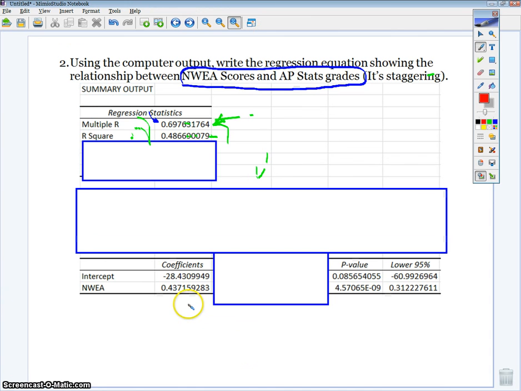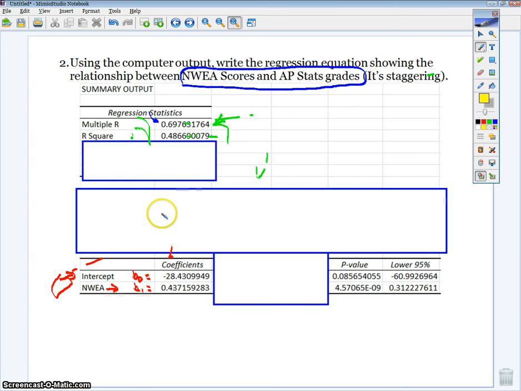Notice this time in Excel, it's telling you the intercept. That's what it sounds like. That's the y-intercept. That is b sub 0, which means NWEA, your explanatory variable, is b sub 1. Now it won't let me change the color. There we go.